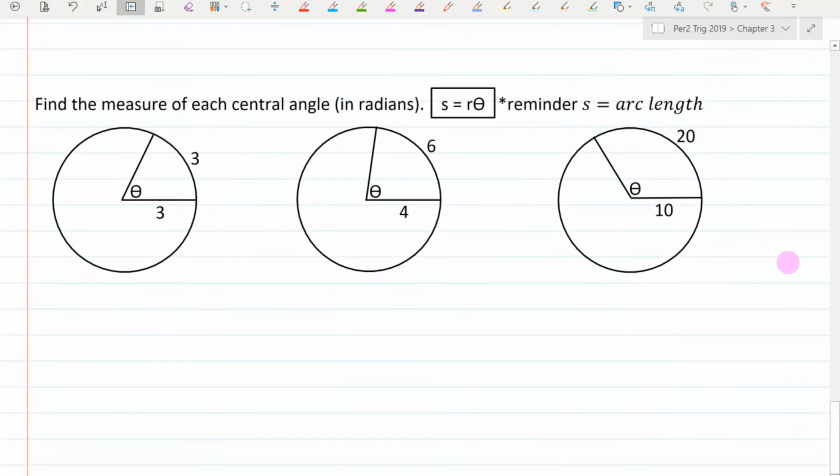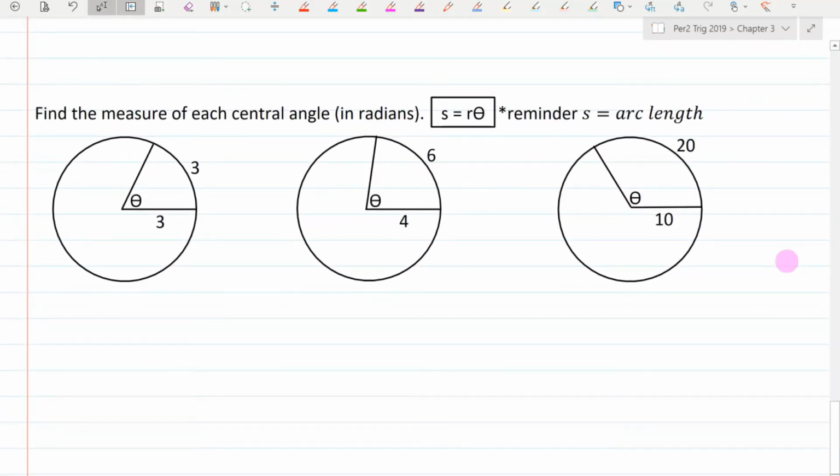Now, the reason I wrote this is because I want you to be able to kind of understand what this means. Like in radians, if this is 3 and this is 3, that's the definition of a radian. Theta is equal to 1. Okay, that's what the definition is. When the arc length is the same length as the radius, that is the radian.